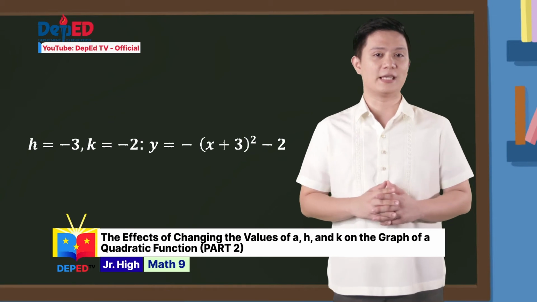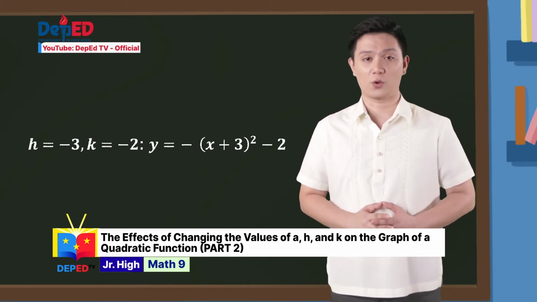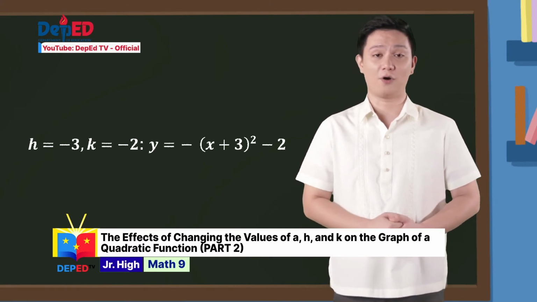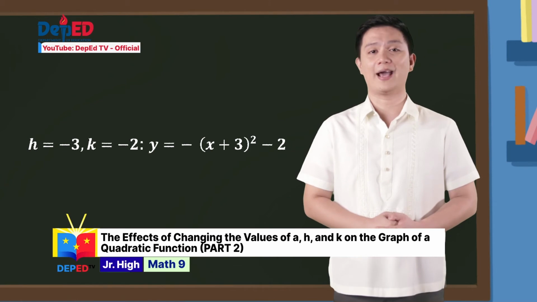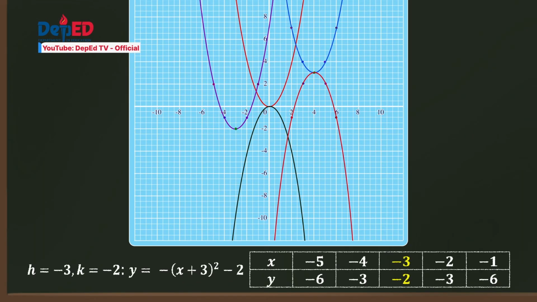When h is equal to -3 and k is equal to -2, the equation is now expressed as y equals the negative of the square of the binomial x plus 3 minus 2. Aside from the vertex (-3, -2), the following points can also be plotted to sketch the graph of the function: (-5, -6), (-4, -3), (-2, -3), and (-1, -6).